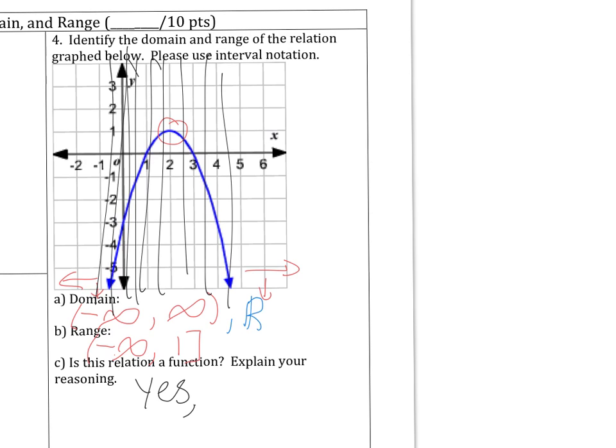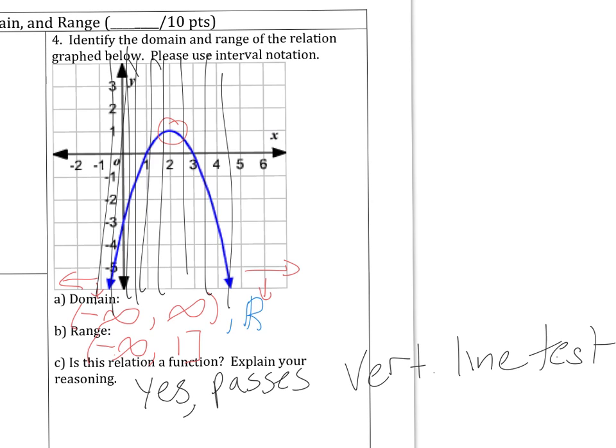And one reason that I could give would be that it passes the vertical line test. So I'm going to say vert line test. Another reason that I could give is that each x value has one y value. And those would be 2 reasons why this is a function.